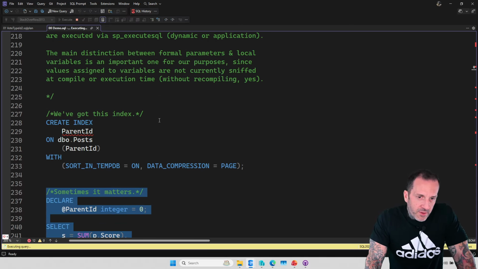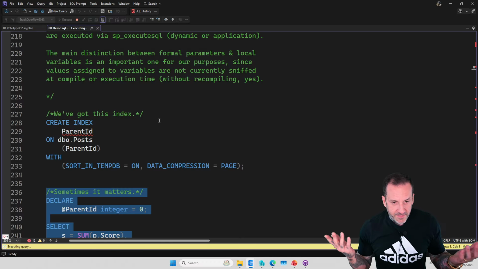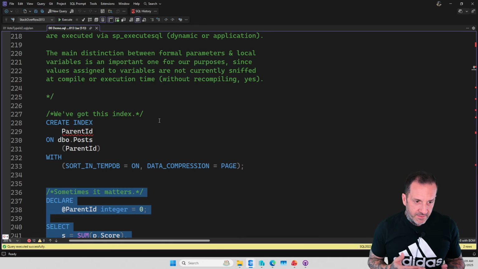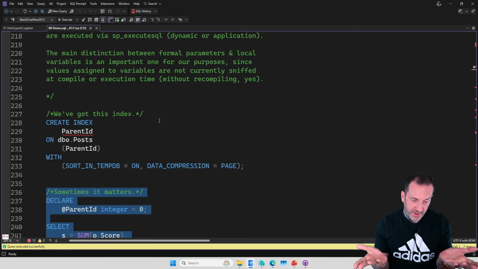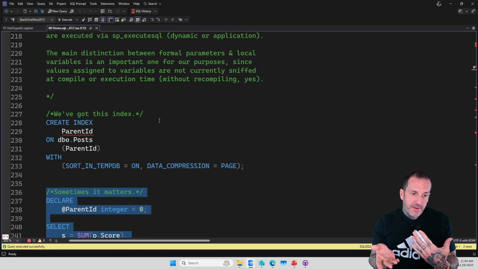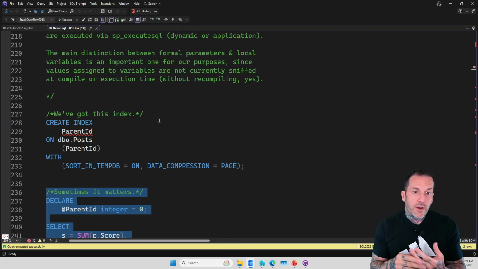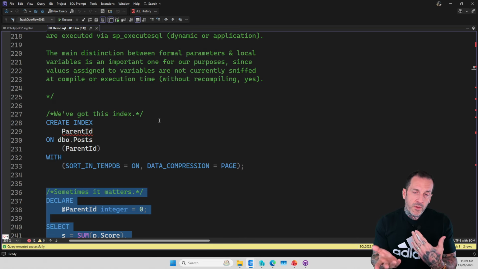So the thing with local variables is, and I've talked a lot about this and written a lot about this, the main thing is it's very easy to come up with a demo where there's one thing in it that's a local variable, and that local variable screws everything up. In real life, often the times when I see code that uses local variables, the local variables aren't the only thing in there, right?